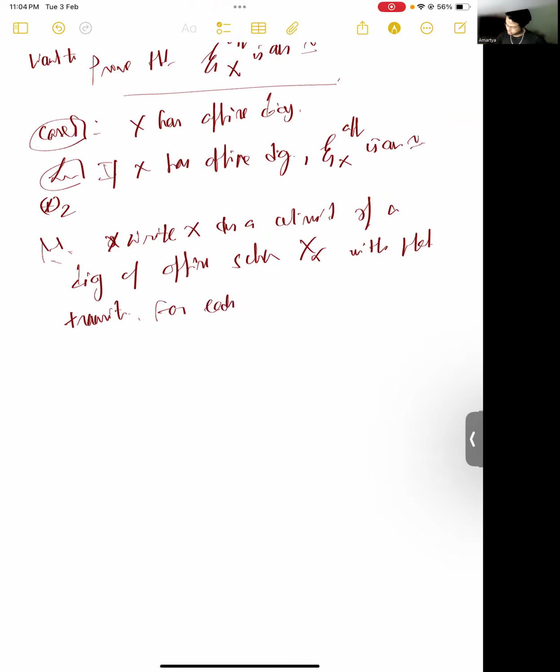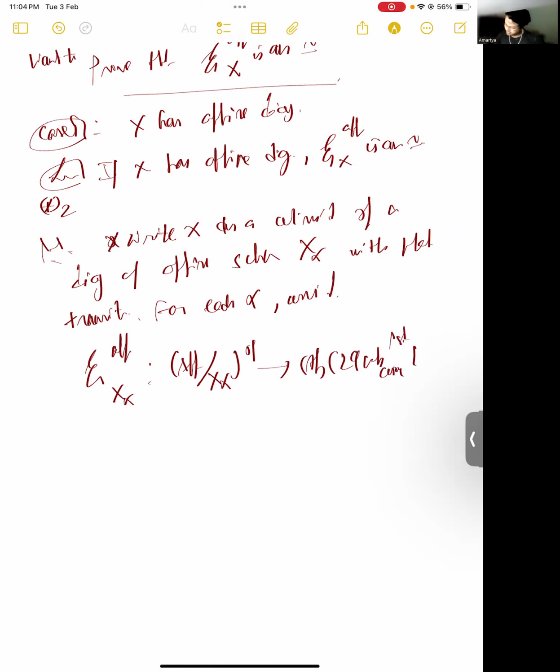For each alpha, consider this psi f x alpha, a map from f over x alpha up to CAlg of 2Q-cop PST comp x alpha f.